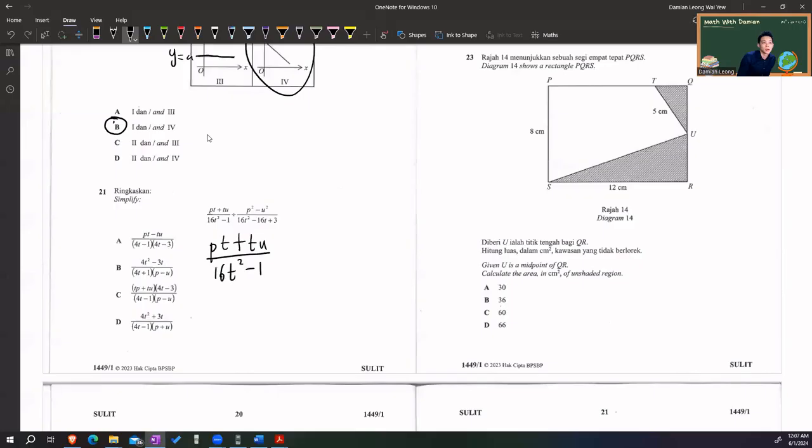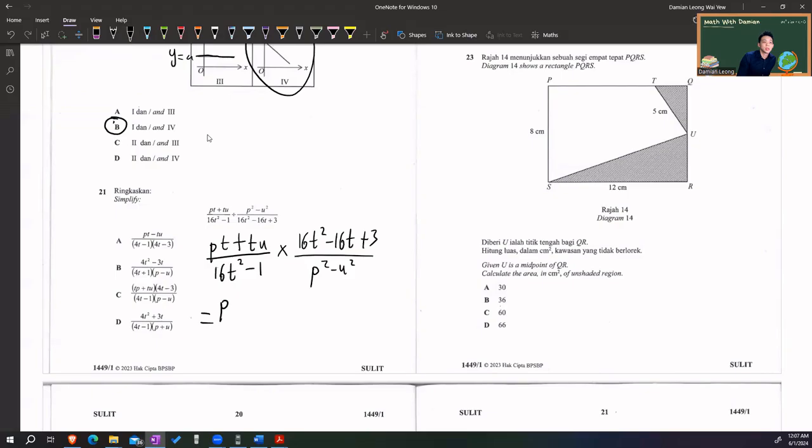Kami terbalikkan pecahan itu. So flip the fraction. Put 16t square minus 16t plus 3 on top. P square minus U square below. Then we factorize. Okay, memfaktorkan.